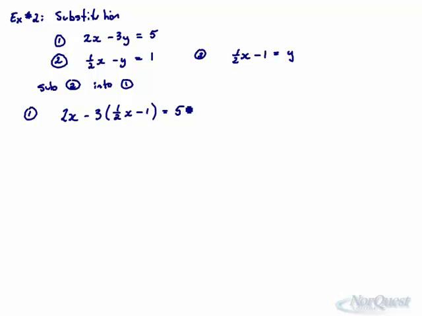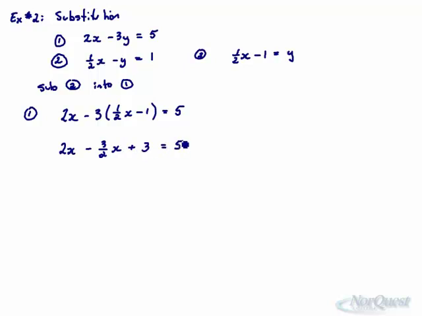Notice I'm now down to one variable, so I'm going to expand it and simplify it and solve for x. So I'm left here with 2x minus 3 times 1/2 gives me minus 3/2 x. Negative 3 times -1 gives me positive 3 equal to 5.